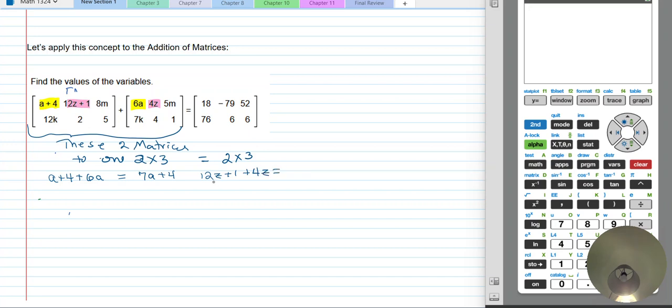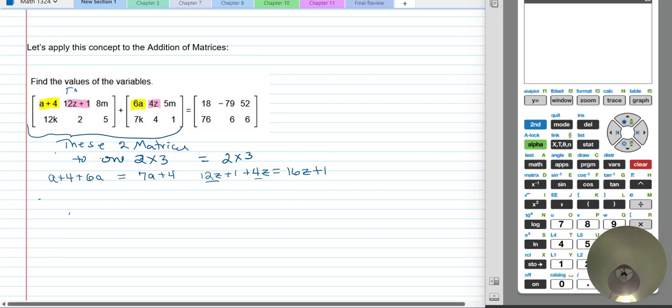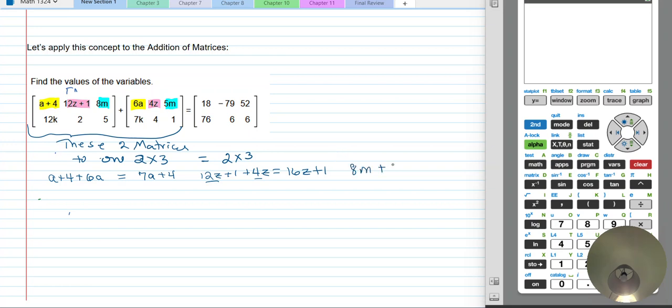I combine like terms, and I get 16z plus 1. Now I'm at my third one. My third one is 8m and 5m. So I'm going to do those two. And I get 13m.